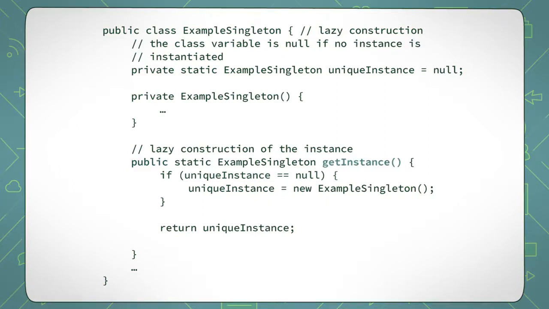This method will first check if the unique instance variable is null. If it is null, then it will instantiate the class and set this variable to reference the object. If the unique instance class variable currently references an object, in other words, if there is already an object of this class, then the method will simply return that object. Because the getInstance method is public, it can be called globally and used to create one instance of the class.